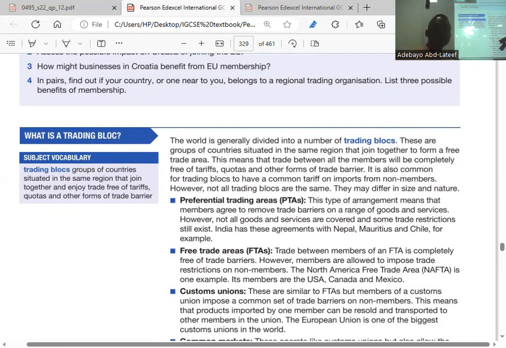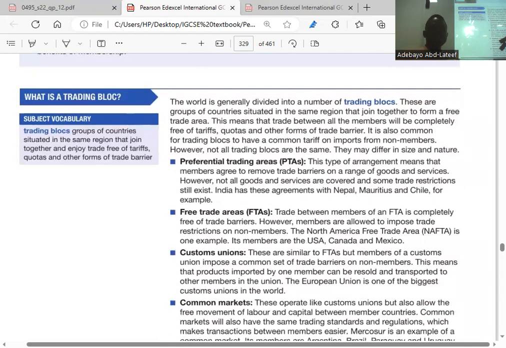However, not all trading blocks are the same. They may differ in size and nature. What are the differences we see in them? One, preferential trading areas, PTAs. This type of arrangement means that the members agree to remove trade barriers on a range of goods and services. So not all free trades are the same. There are some that we call preferential trading areas.